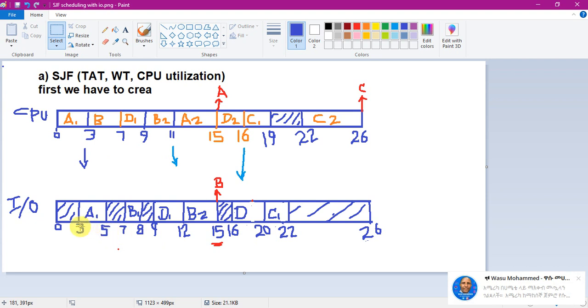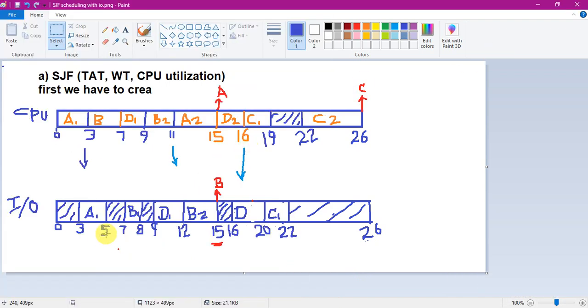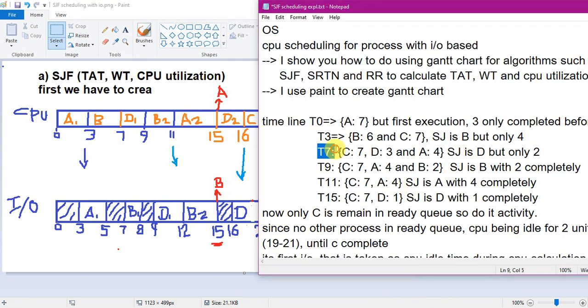A used 2 units of IO according to the given, and then left IO, so at time unit 5 A left the IO request and wants CPU time. But the CPU is freed only at time unit 7. So at time unit 7 we do the scheduling, even though A left IO at time unit 5. At time 7, which processes are in the ready queue we have to see as of time unit 5.